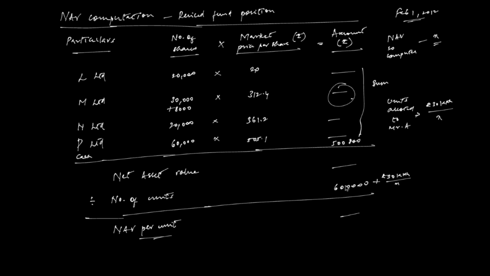Right? Now we have the new net asset value and we have the revised number of units. So net asset value by number of units will give us NAV per unit.